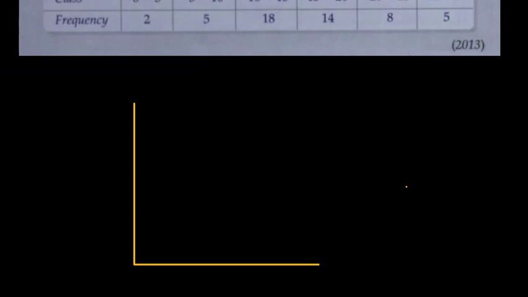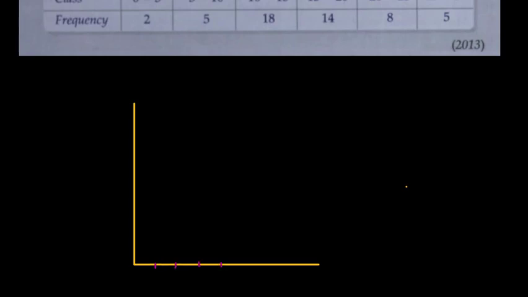Now along the x-axis we have 0 to 5, 5 to 10, 10 to 15, 15 to 20, 20 to 25, 25 to 30, and along the y-axis the maximum value is 18. In your notebook you have quite good space, so you can take values like 5, 10 or whatever.